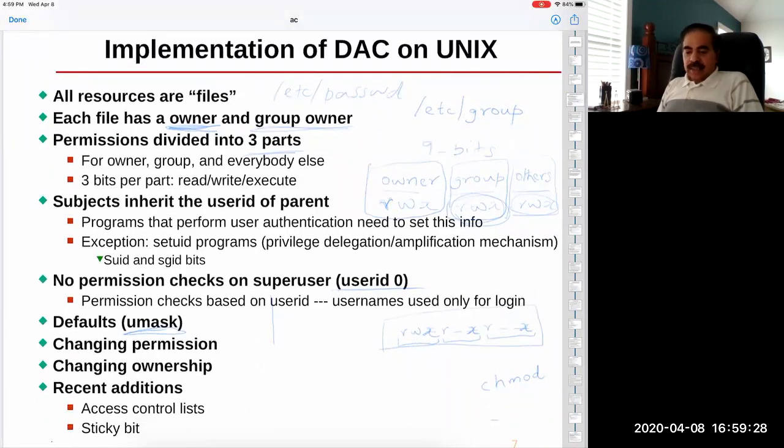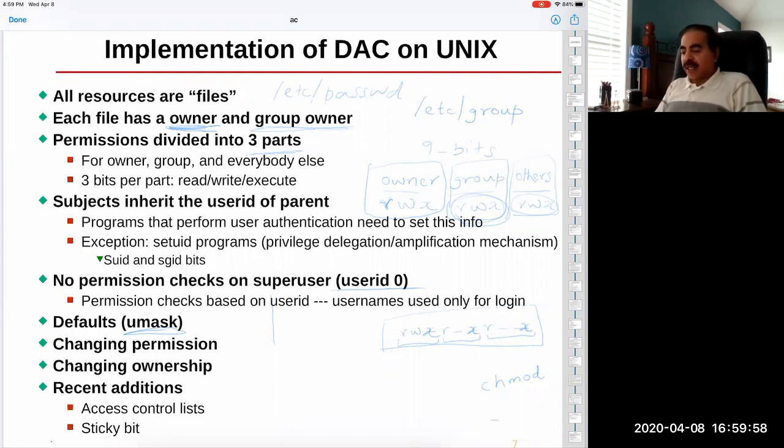Now, in addition, recent versions of Unix have a mechanism called access control list, which provides more flexibility in terms of how you configure ownership, because the mechanism that we have described so far does not allow you to, let's say you want to give access to a file to one single user.